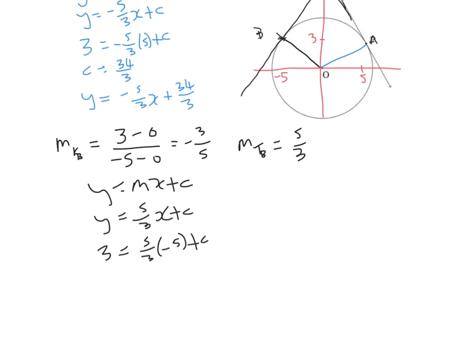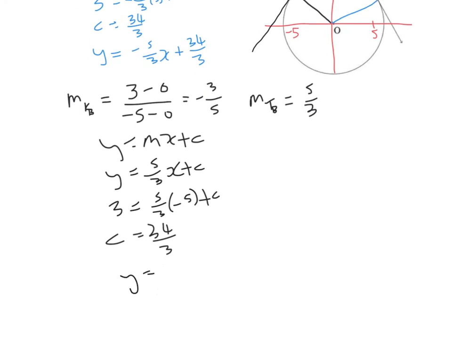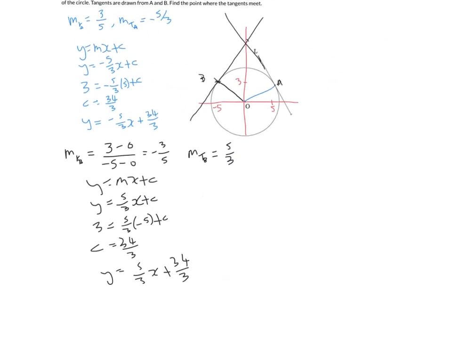And that gives, as before, that c is equal to 34/3, i.e., y equals 5/3 x plus 34/3.